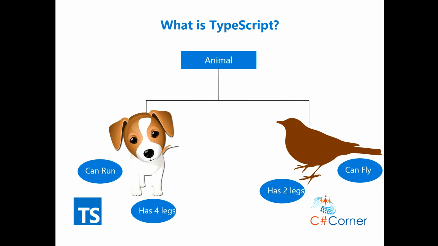In JavaScript, you do not have any option to maintain your code in an object-oriented manner, which may make your source code messy and hard to maintain in large-scale projects. That problem gets solved with the help of TypeScript.